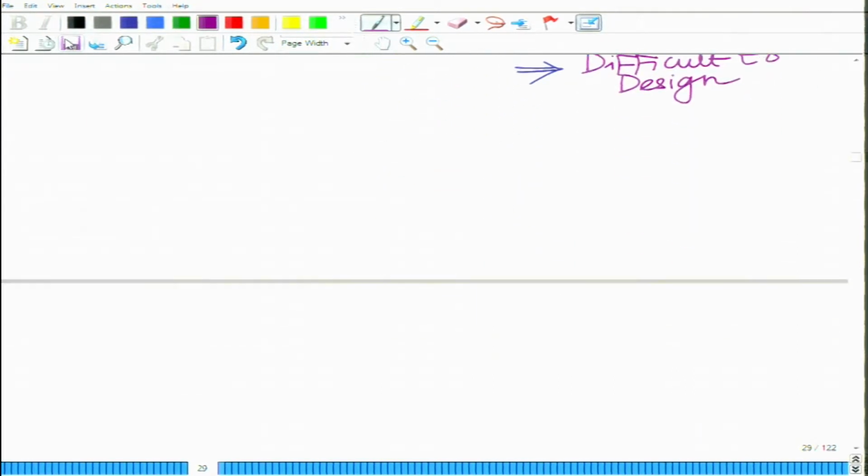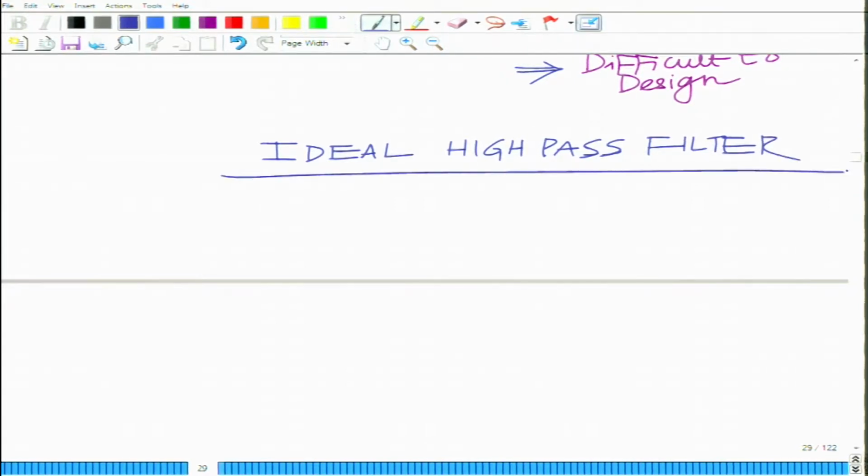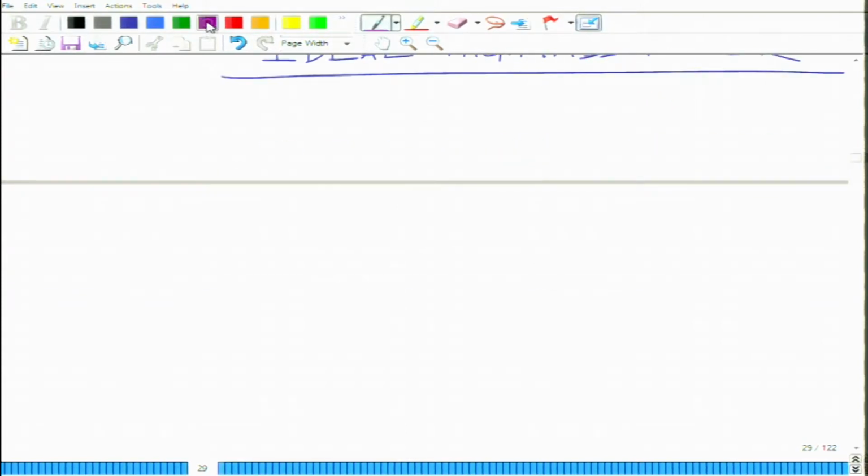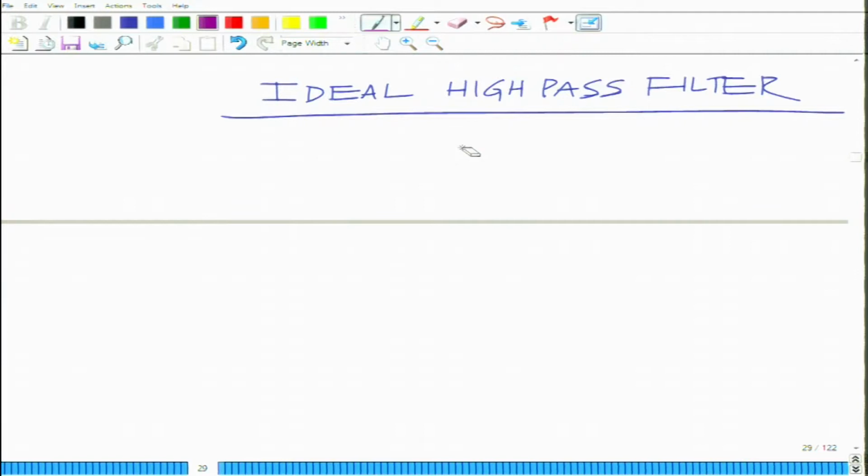Similarly, one can have an ideal high pass filter.